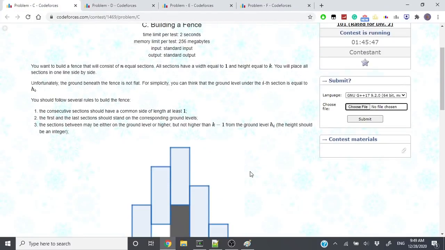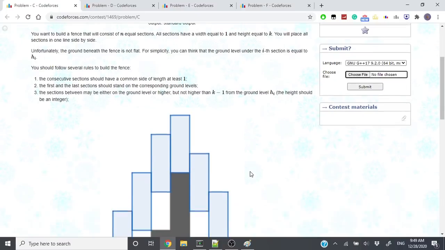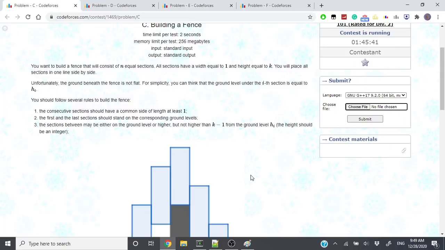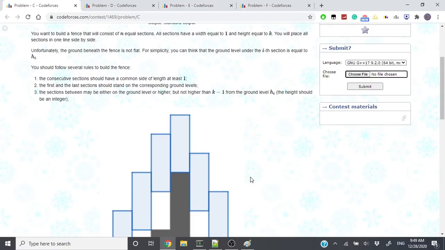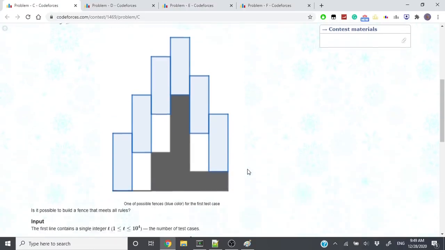I'm going to build a fence that will consist of n sections. All sections have a width equal to 1 and height equal to k. Place sections in one line side by side. The ground is not flat. Consecutive sections have a common side of length at least 1. First and the last sections should stand on the corresponding ground levels.